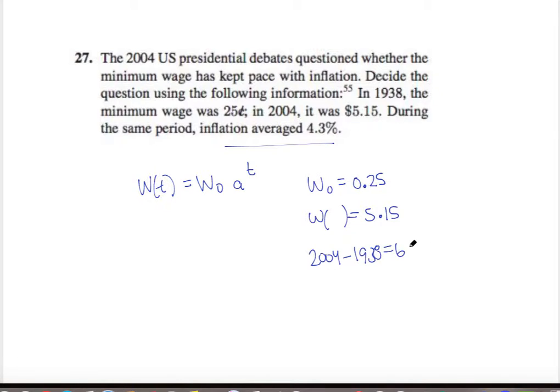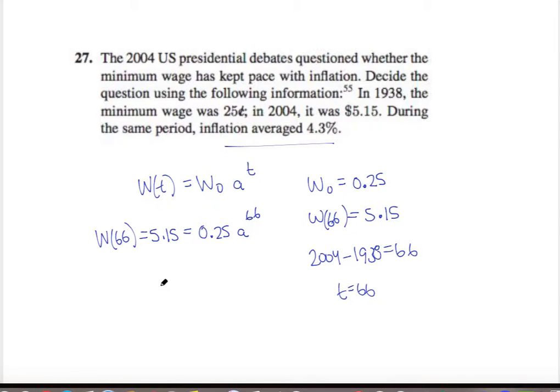So T would be equal to 66 for this data point. So what we have is W of 66, which is equal to $5.15, is going to be equal to 0.25 times some A raised to the 66th power.